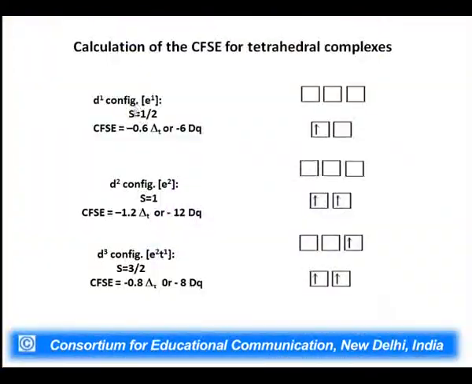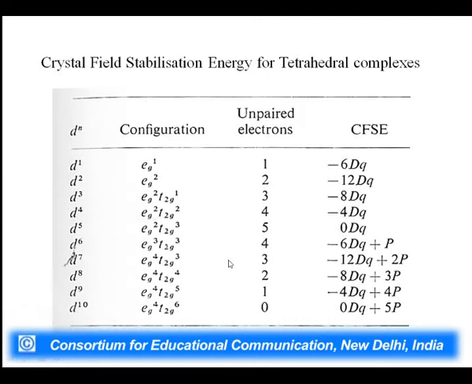When the pairing takes place, one can easily calculate the CFSE based upon the number of electrons. You can also see the S values that will help us to understand the magnetic moment. And the calculated CFSE value for all these tetrahedral complexes keeps increasing, but as the third electron enters into the destabilization state, it decreases, then it further decreases, up to d5 it reaches 0.